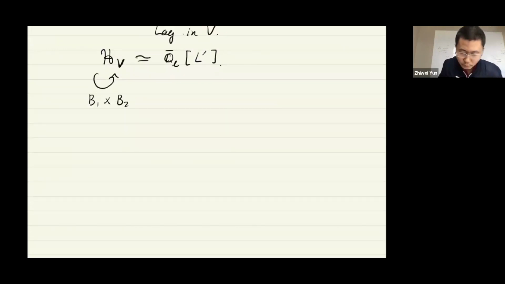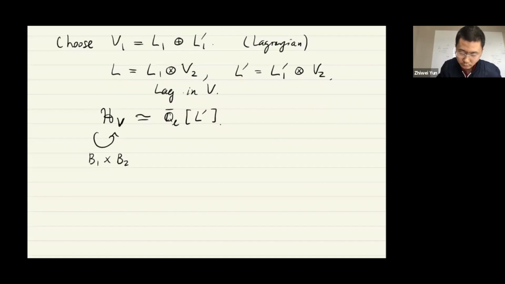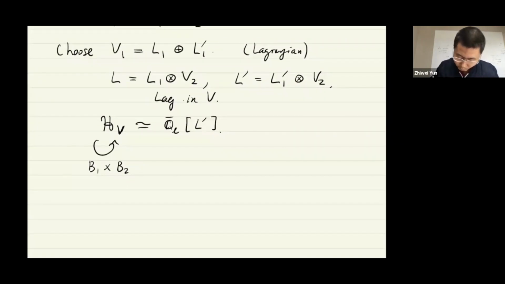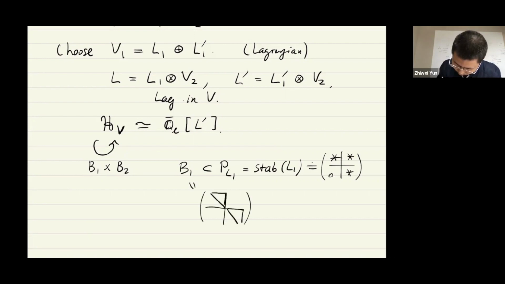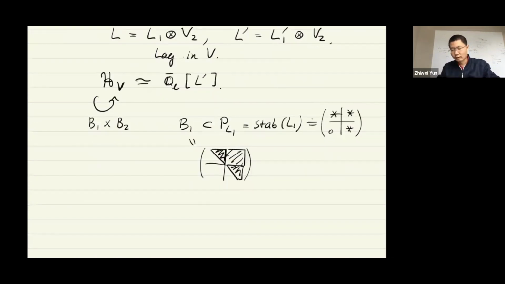So take B1, B2, Borel subgroups of G1 and G2. I take B1 to be compatible with, to stabilize, this Lagrangian L1. So this is a Siegel parabolic of this form, and B1 is just upper triangular matrices in a symplectic group.